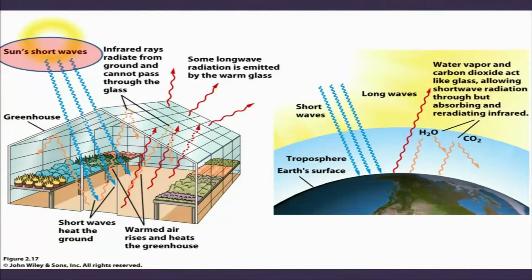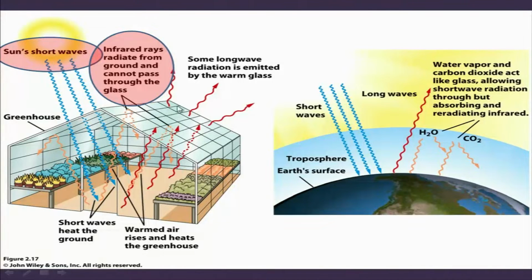Mainly the short wave radiation coming from the sun, and the glass surface covering the hut acts as the atmosphere. Short wave radiation is received through the glass, and some which is radiated back as infrared cannot go through, and is re-radiated back to the earth's surface, and this makes the warming, that is the greenhouse effect.